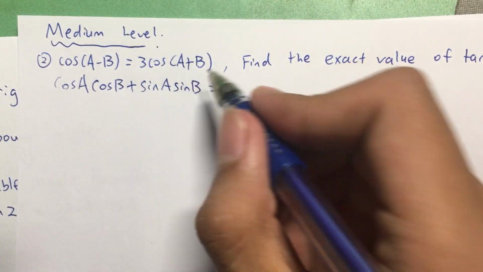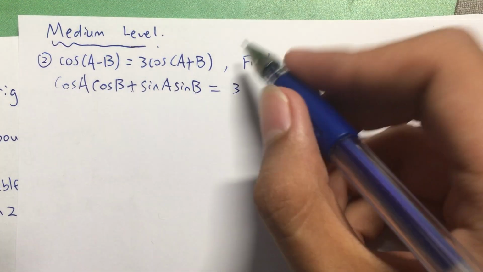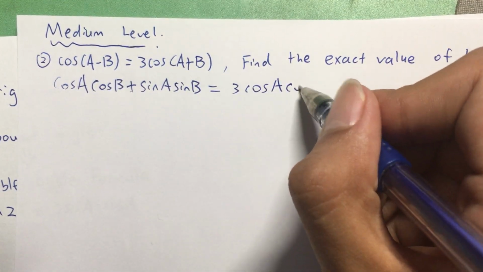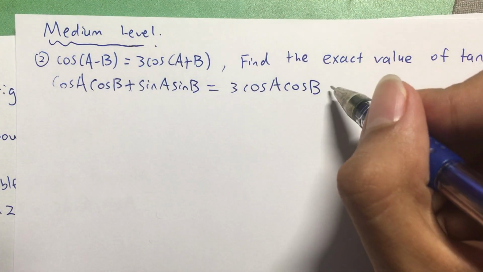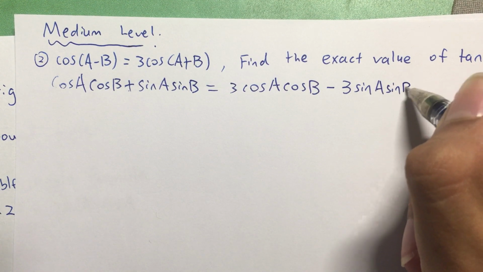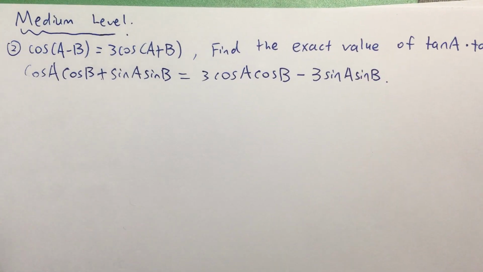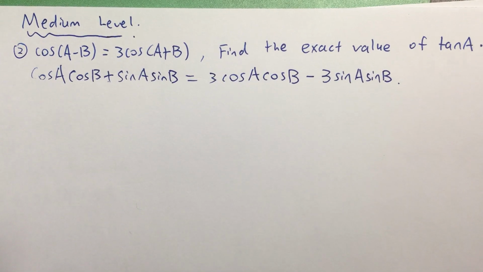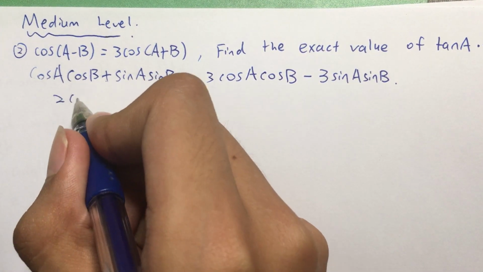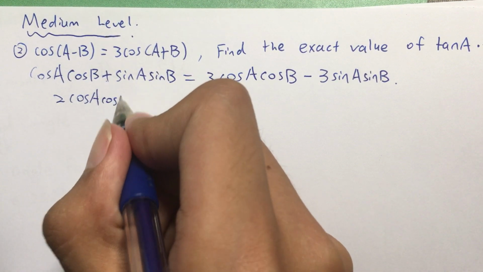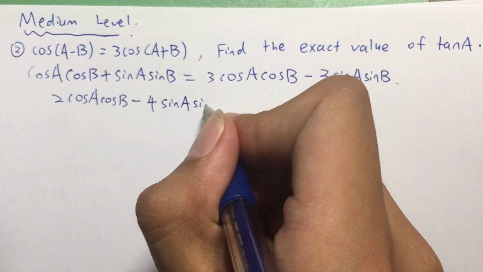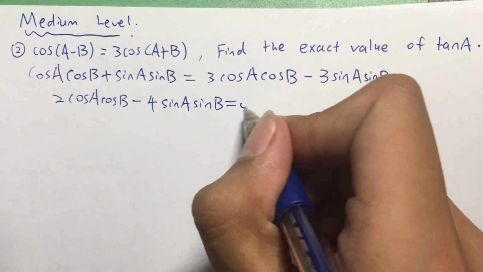And the cosine a plus b is, here it becomes minus, which is 3 cosine a cosine b minus 3 sine a sine b. And so now let's simplify this, which becomes 2 cosine a cosine b minus 4 sine a sine b is equal to 0.